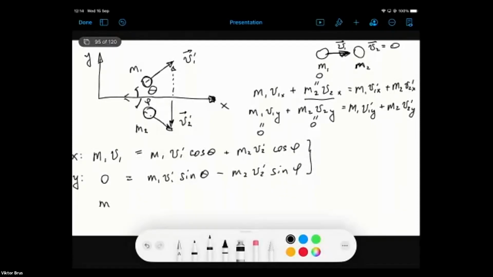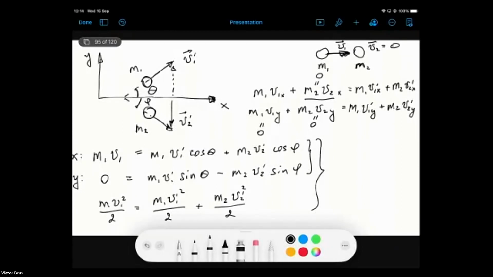So it will be M1 v1 squared divided by 2 is equal to M1 v1 prime squared divided by 2 plus M2 v2 prime squared divided by 2. So we can already get three unknown parameters from this set of three equations.